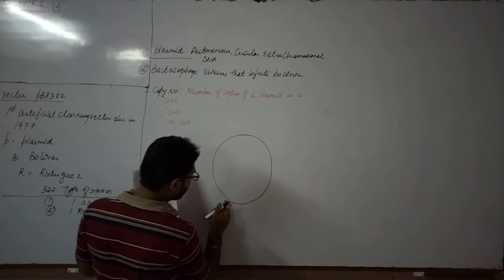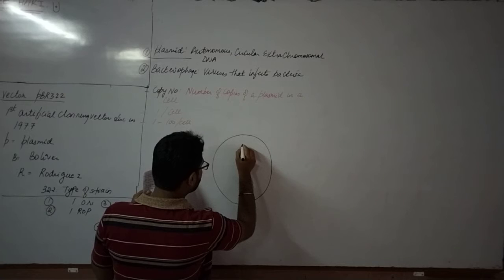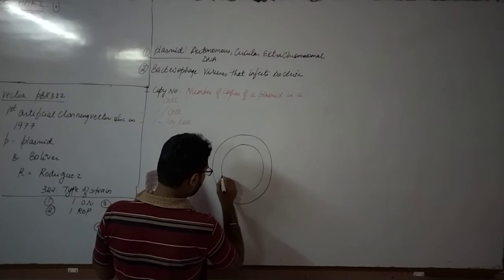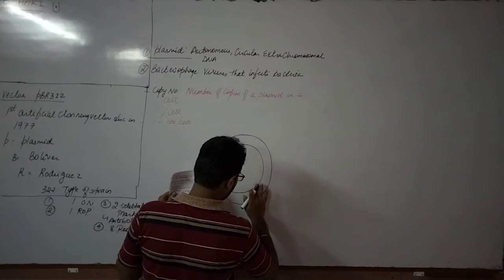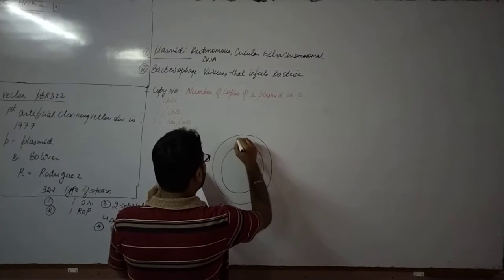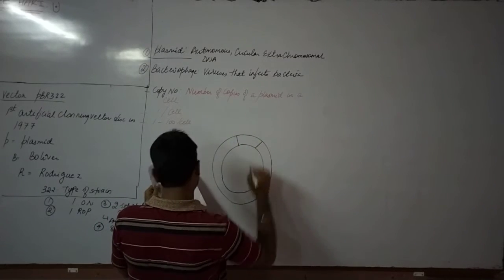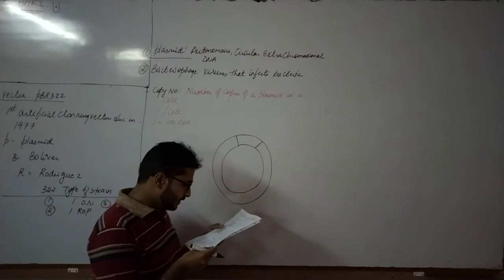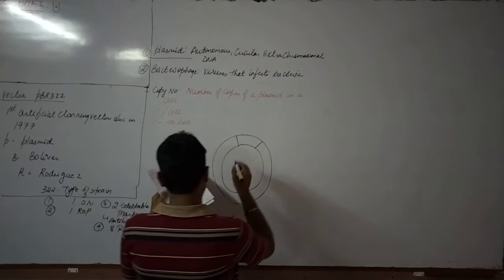We will draw the diagram that is drawn in the NCERT because we have to follow the same diagram for exams also. Here is the site where two restriction endonucleases are present, ClaI as well as HindIII.